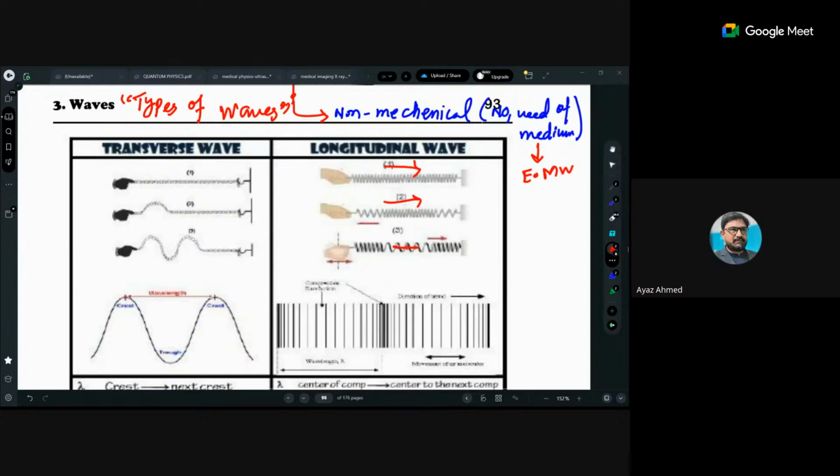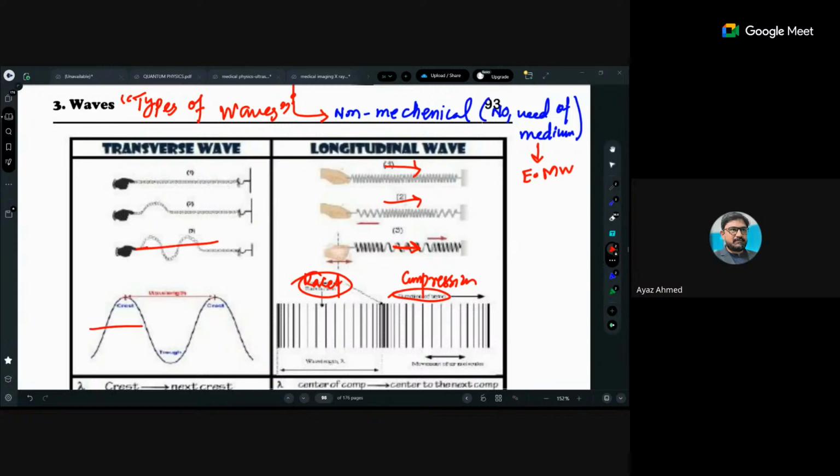Compressions are moving in this direction. So there are compressions and rarefactions. Here are compressions and here are rarefactions. Compressions are those points where particles are compressed closer, and rarefactions are those points where particles are relaxed, right? And in transverse waves, the waves travel in the form of crests and troughs.